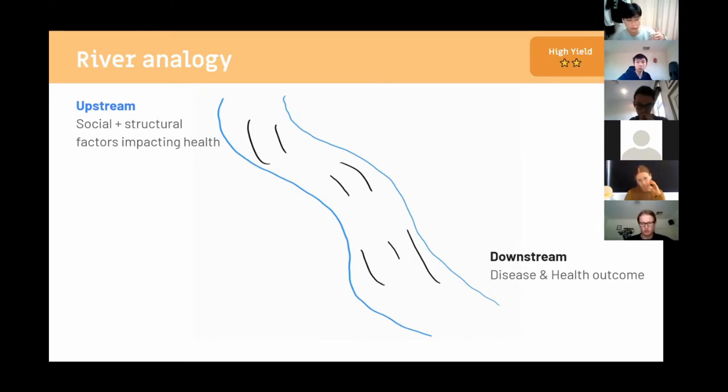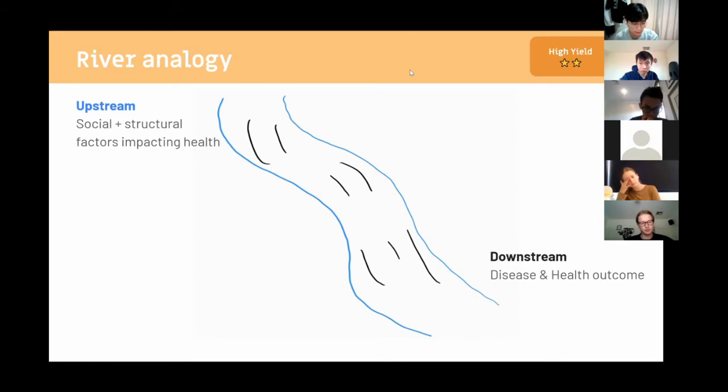And downstream is the outcome of that, so the disease and the health outcome. If, for example, someone puts poison at the top of the river, then everything downstream is going to be poisoned, despite the fact that there was nothing wrong with it in the first place. That's like the flow of medicine in HKS as well.